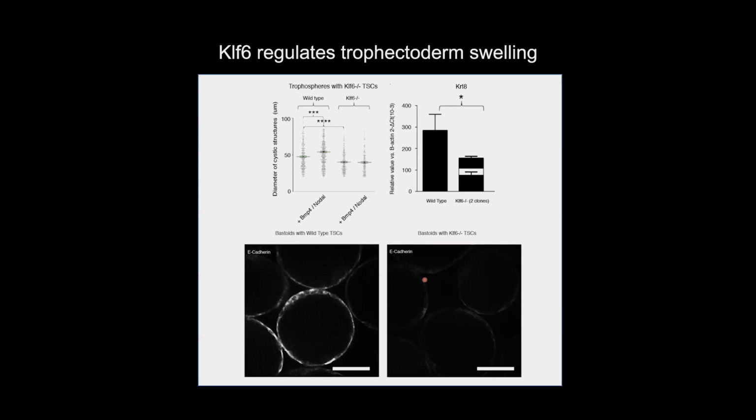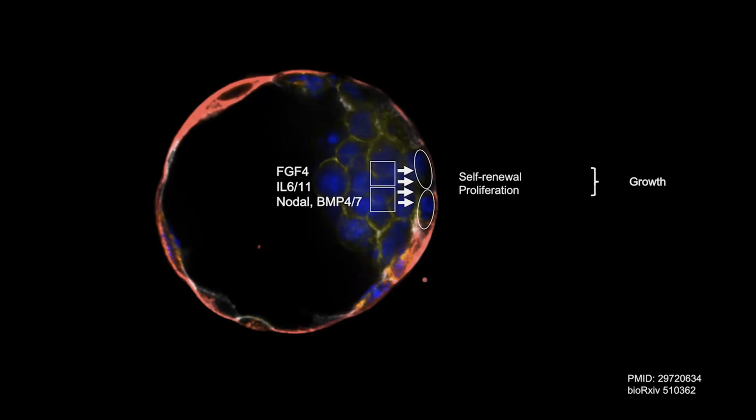So this is interesting because by comparing this transcriptomic data, by generating knockouts in functional assays, we can fill this knowledge gap and show that the inner epiblast is not only producing FGF4, it's also producing other factors.